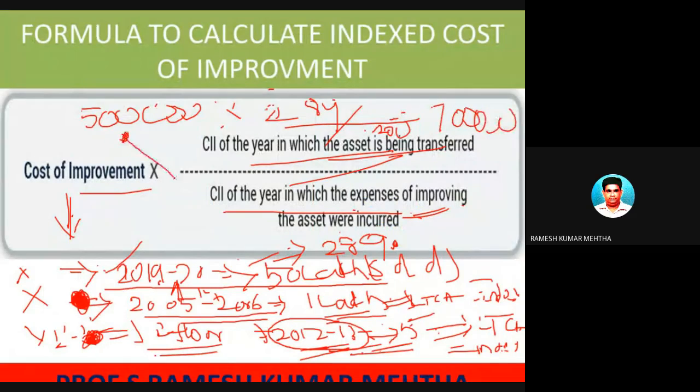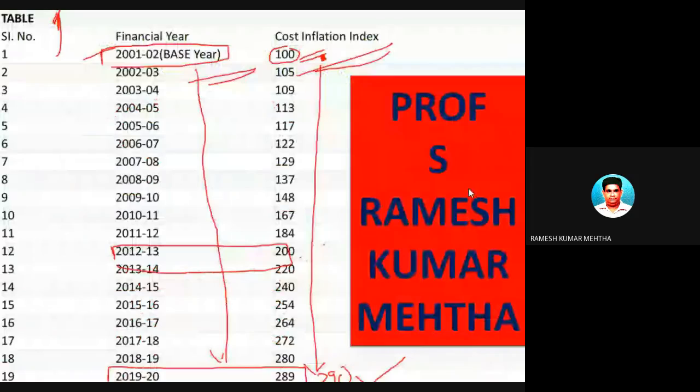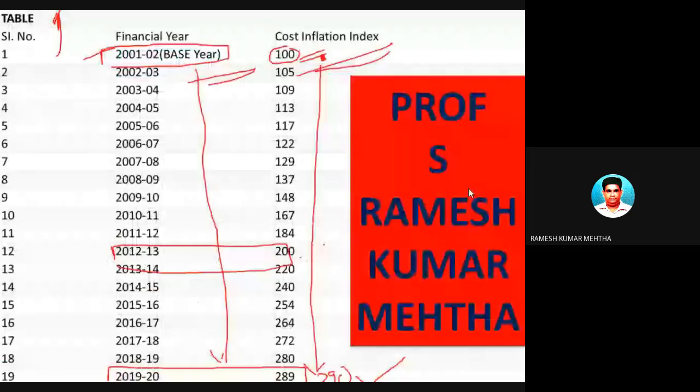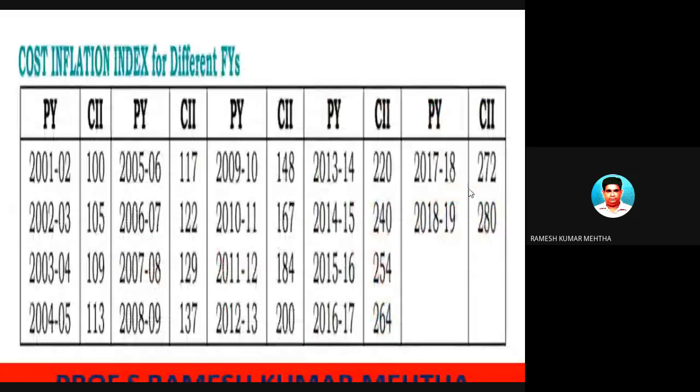You spent 5 lakh, and after indexation it became 7 lakh. So I hope you have understood index cost of acquisition and index cost of improvement. So this is clear. Now the same table I have put in a different format. 2001-02, 2002-03, 2004-05, all this is given to you.